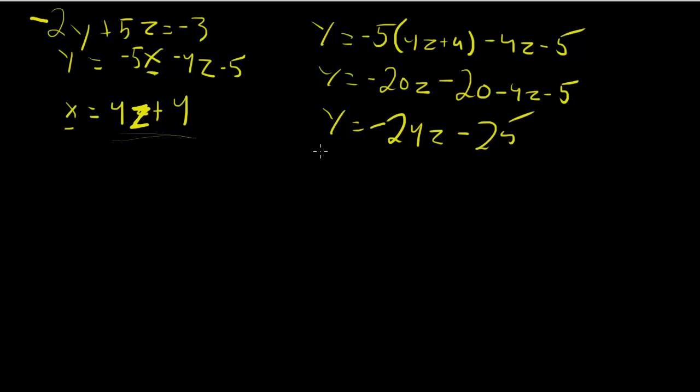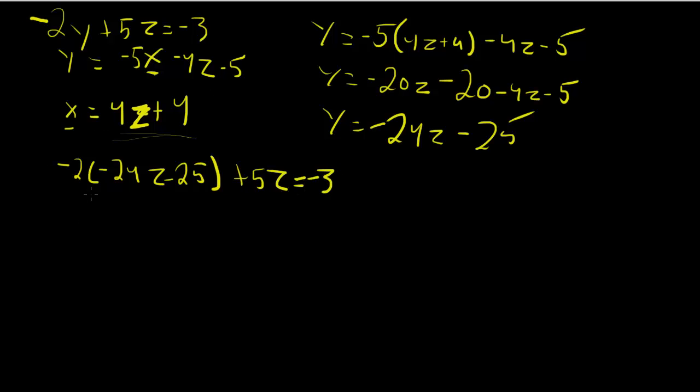Okay, and so now we know that y is the same as negative 24z minus 25. So then in this first equation, where we see y, we can just replace that y with negative 24z minus 25. So we will. Negative 2 multiplied by the quantity negative 24z minus 25 plus 5z equals negative 3.